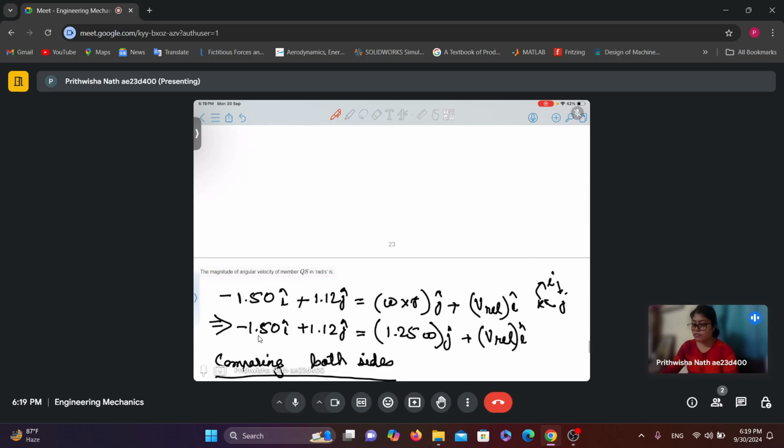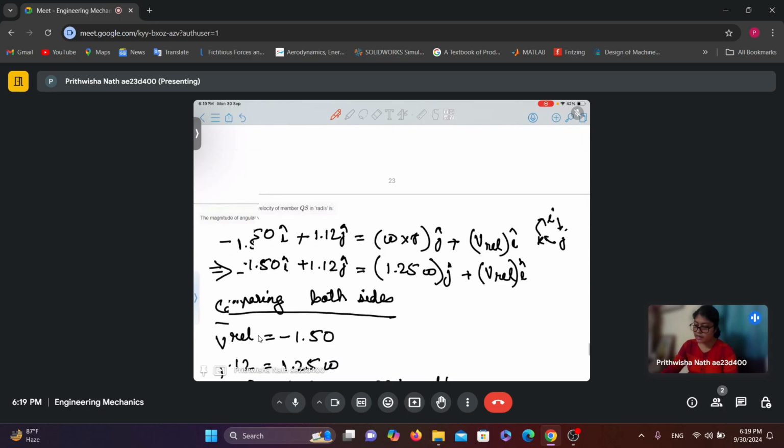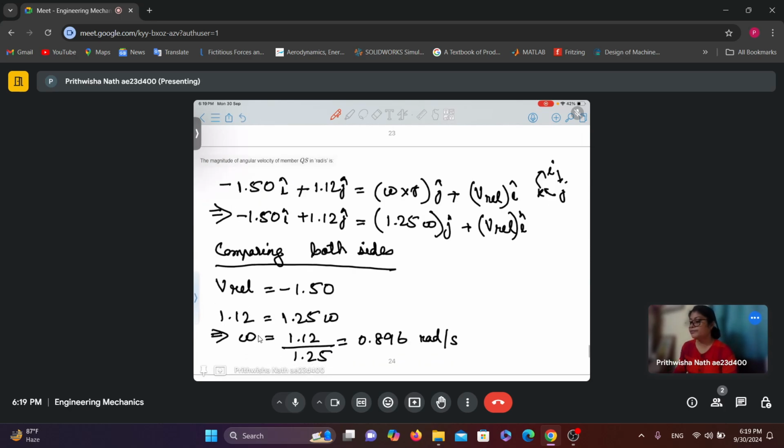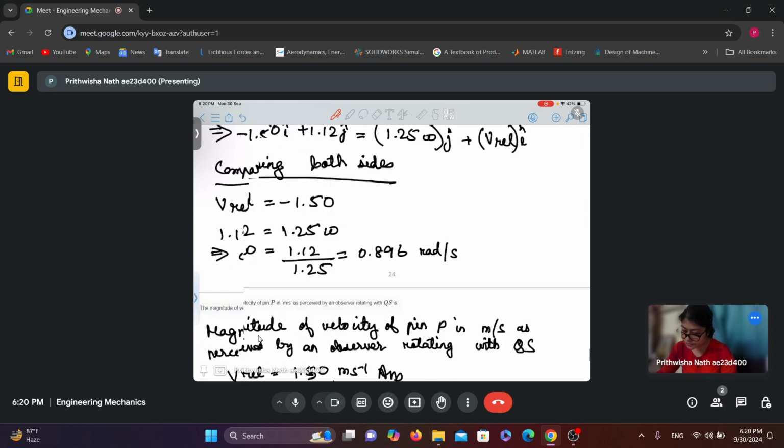Now I'll just compare both sides. So V relative becomes minus 1.50, and to find out omega I need to compare the J terms, right? So by comparing I get omega to be 0.896.